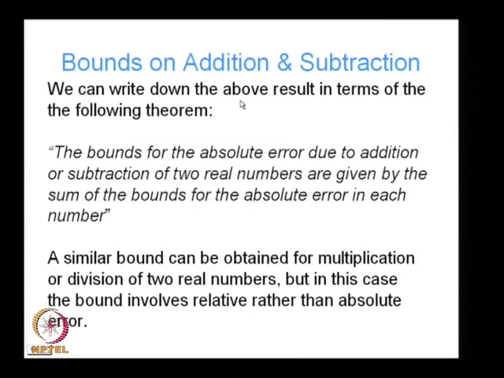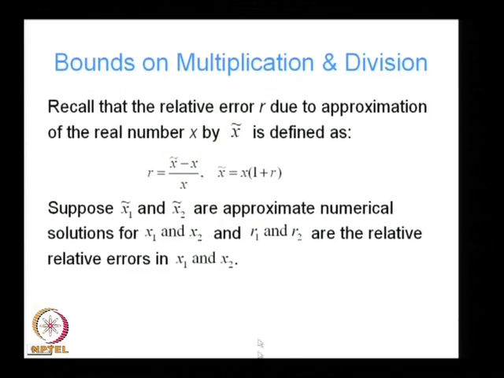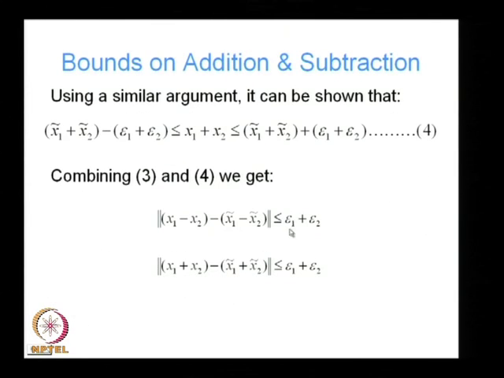We can write down the above result in terms of the following theorem, which states that the bounds for the absolute error due to addition or subtraction of two real numbers, in our case x1 and x2, are given by the sum of the bounds on the absolute error in each number, which is epsilon 1, the absolute error in x1, and epsilon 2, the absolute error in x2.